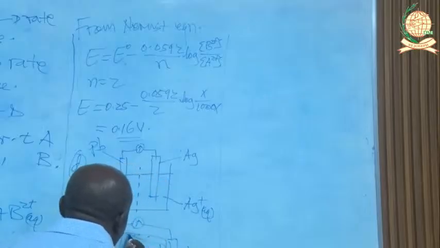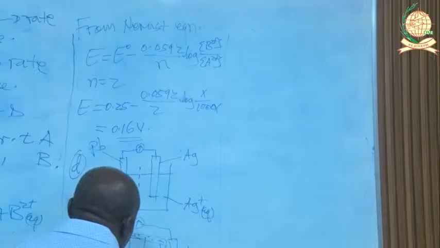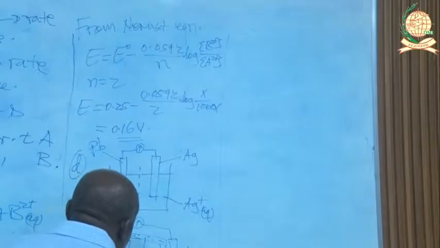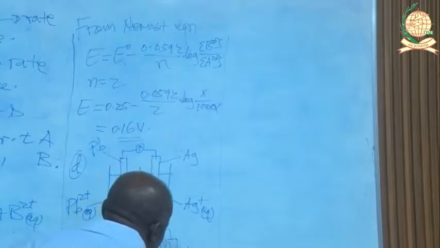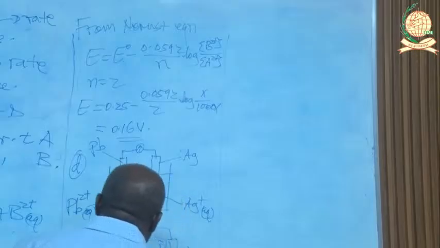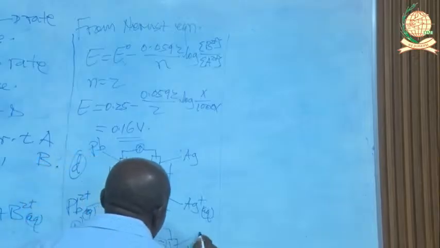If the salt bridge used here is potassium chloride, and here is lead ions, aqueous, and this is silver ions, aqueous. This is a lead metal, and this is a silver metal.